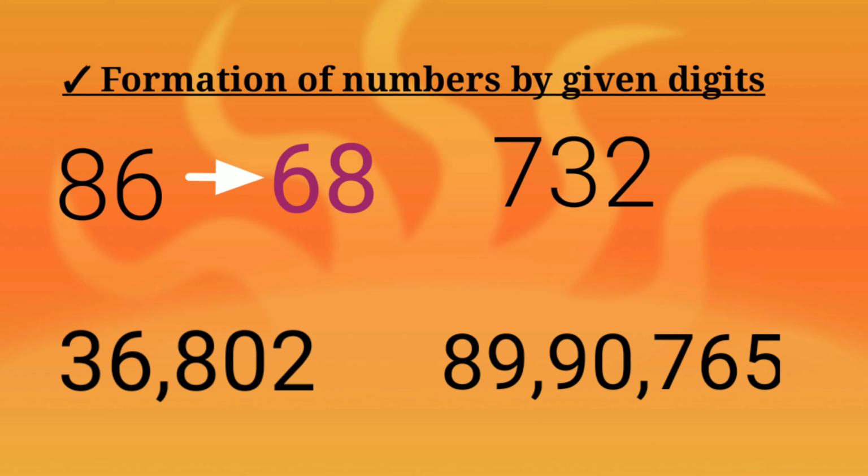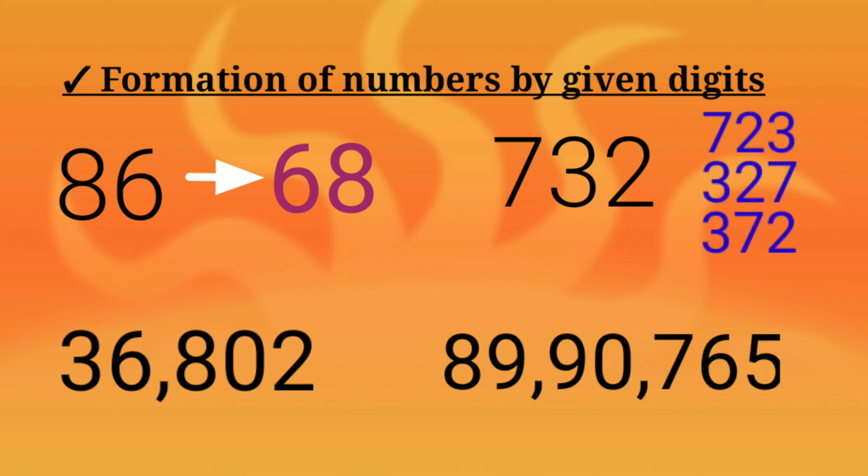Now the moment you interchange the position of the digits, if you write 723, 327, 372, 237, then also you can understand that all of them contain these 3 digits, that is 7, 2 and 3.